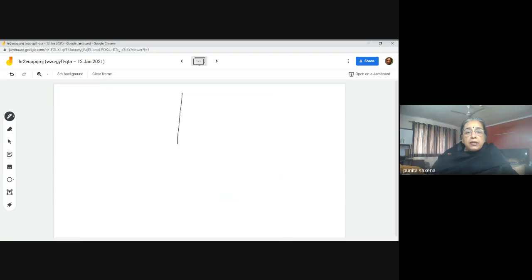So if I just look at my coordinate axis, something like this. This axis is the x-axis, this axis is the y-axis. Now, minus 1, 1 means x coordinate is minus 1 and y coordinate is plus 1.